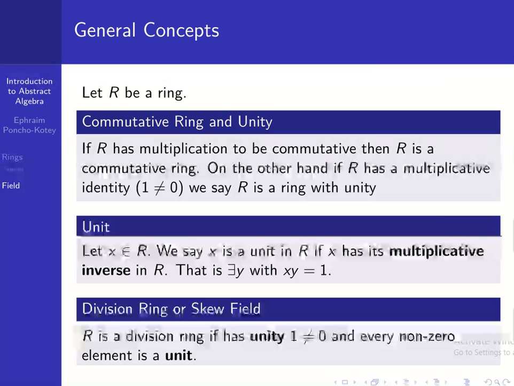Now let's look at when we say division. Let's say in the space of real numbers R, we say 8 divided by 2 is 4. 4 divided by 2 is 2. What we are trying to say is that there is an element that I can multiply to 2 to get 1. That's why I can divide.